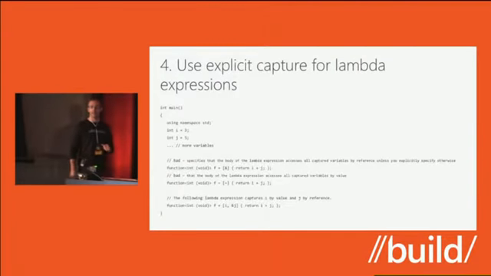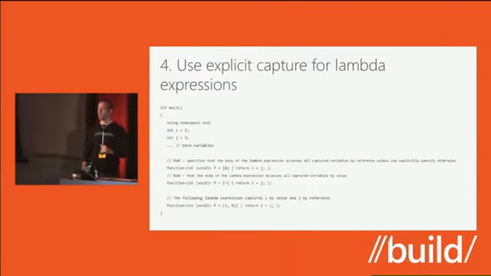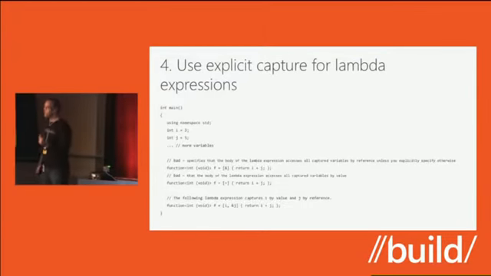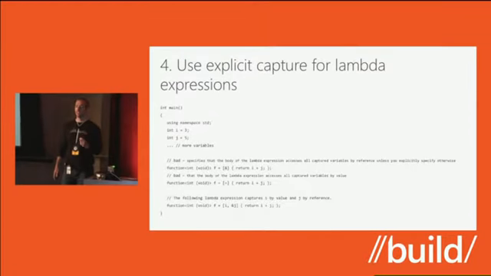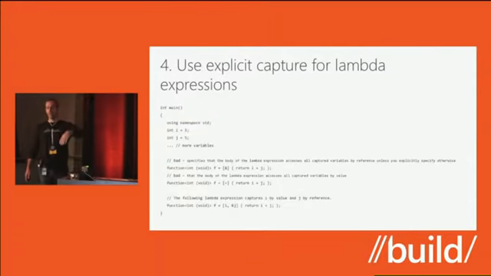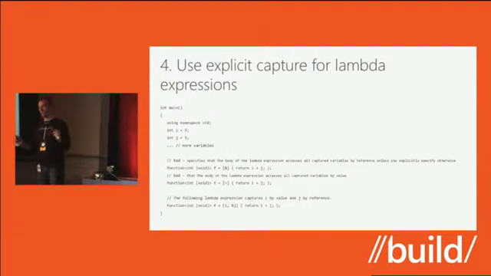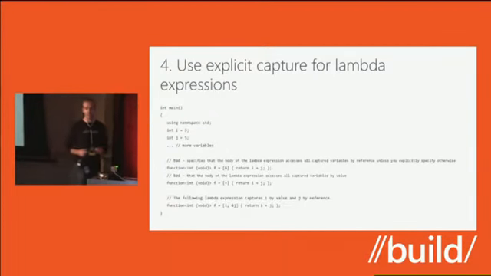Using the explicit captures for Lambdas. Again, this is a lot of code on here, but what we're saying here is, if you don't tell the Lambda what capture you're going to do, you have a bunch of variables. Like right here I see i and j. Well, what if I had like 12 more variables there because I have this big long function, which is not a good thing, but sometimes you have to.